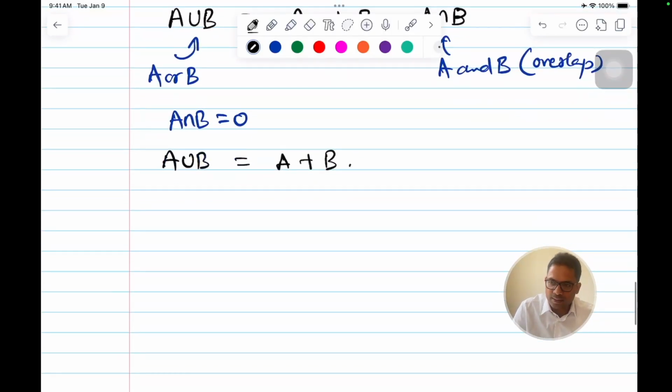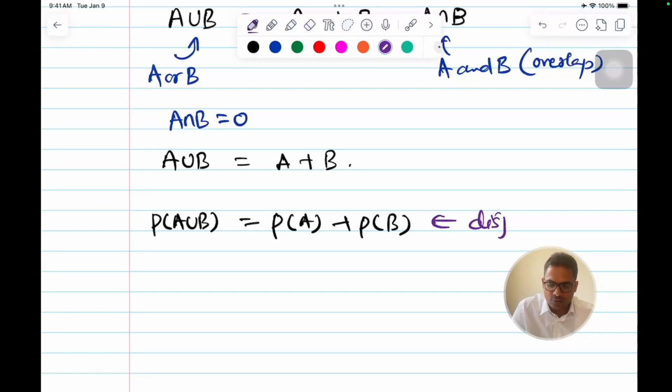And in terms of probability, we can say that probability of A union B is equal to probability of A plus probability of B for disjoint or mutually exclusive events.